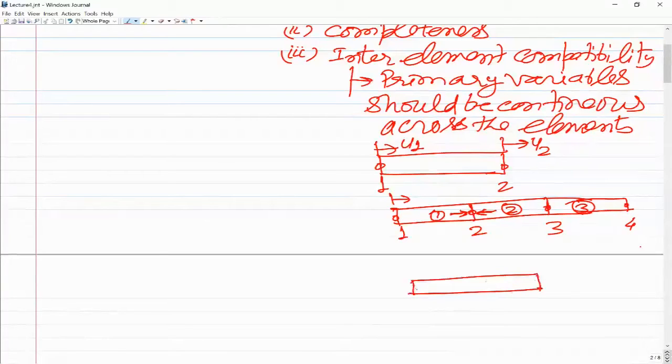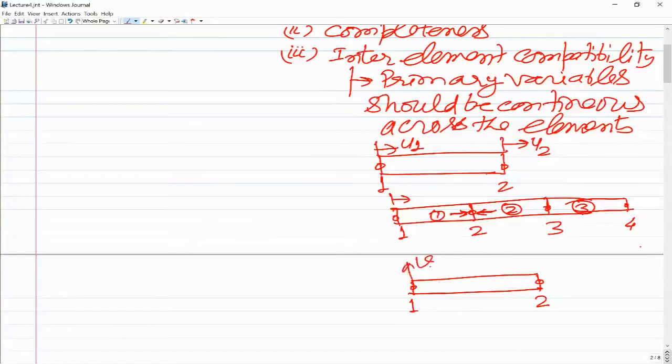Now primary variables should be continuous across the element, and for that we need the primary variables as degrees of freedom at the end nodes. When we have assembly of these elements, we can ensure that primary variables, in this case v and dv by dx, are continuous.